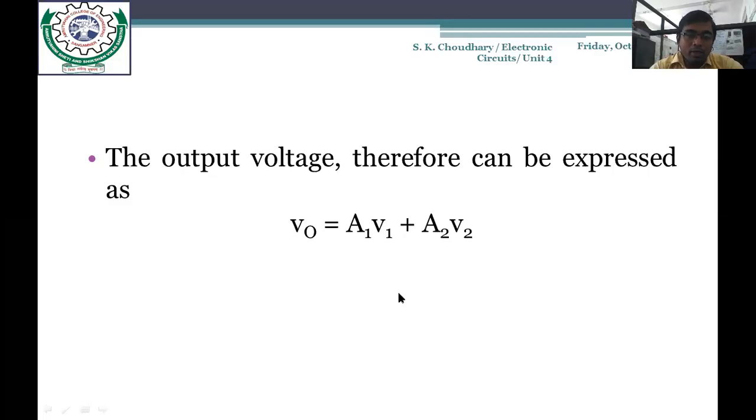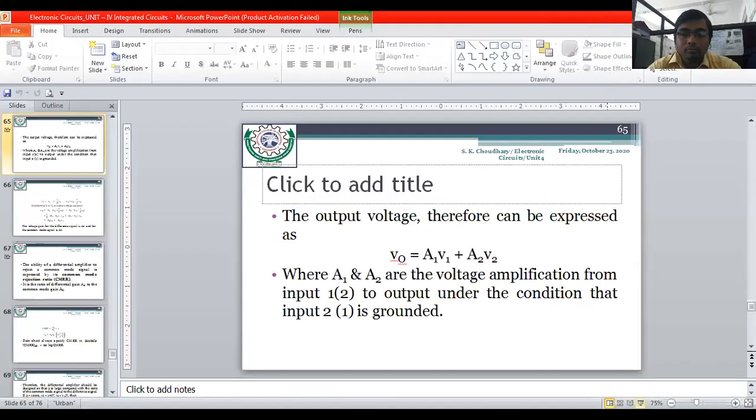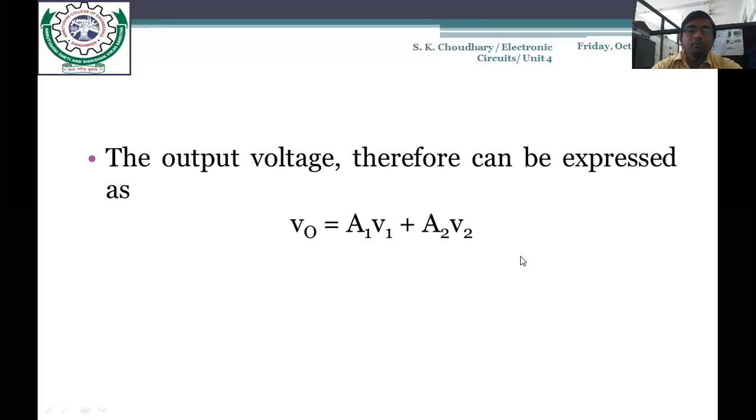See, the equation of output voltage has changed here, because we are considering the practical op-amp, and in the practical op-amp we have to consider the effect of common mode signals. When you consider the effect of common mode signals, the output voltage equation changes.